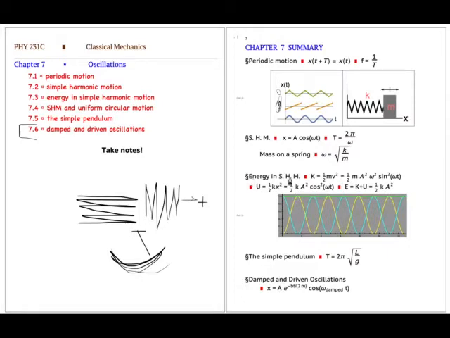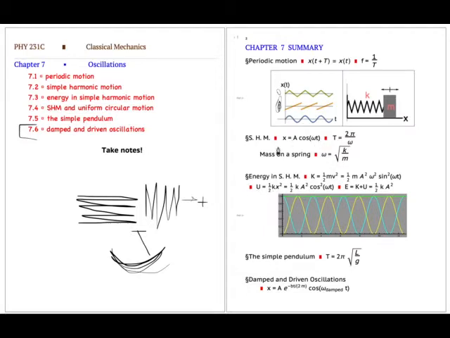It mentions energy in simple harmonic motion. There's kinetic energy, that's a half mv squared. And if this is the position as a function of time, then 1/2 mv squared is 1/2 m A squared omega squared sine squared omega t. And the potential energy for a spring is a half kx squared.